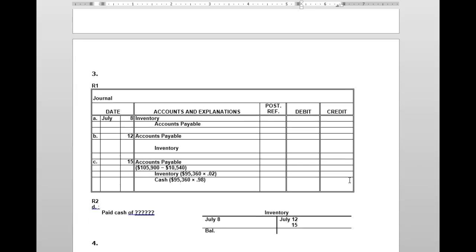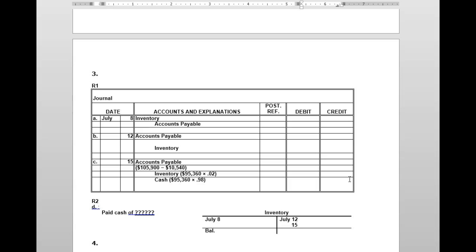And it looks like it might be journal entries. So for journal entries now, again, we are using the perpetual system, and we're putting this directly into inventory. So same scenario, same numbers, only now we're going to journalize it. So what did they buy?